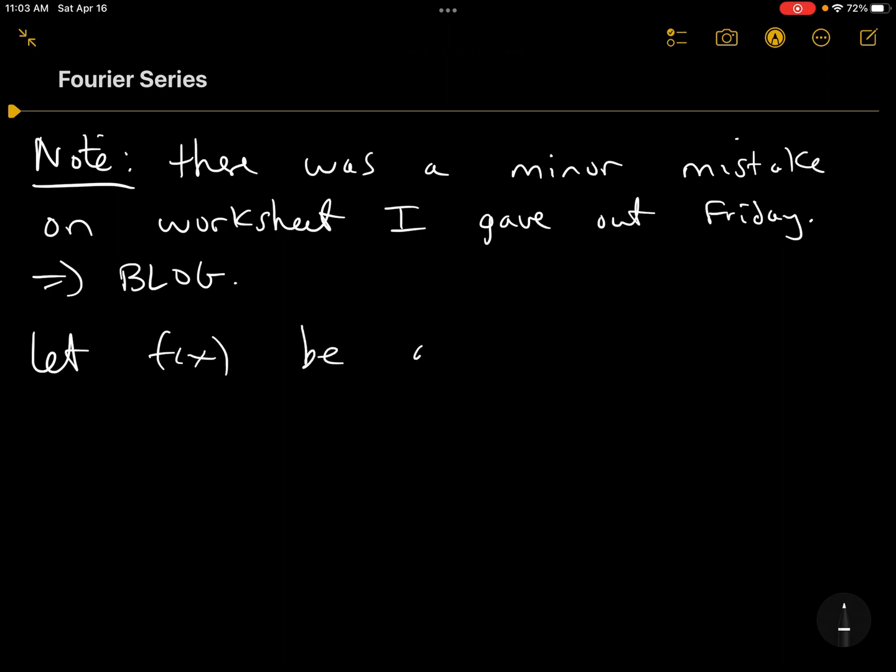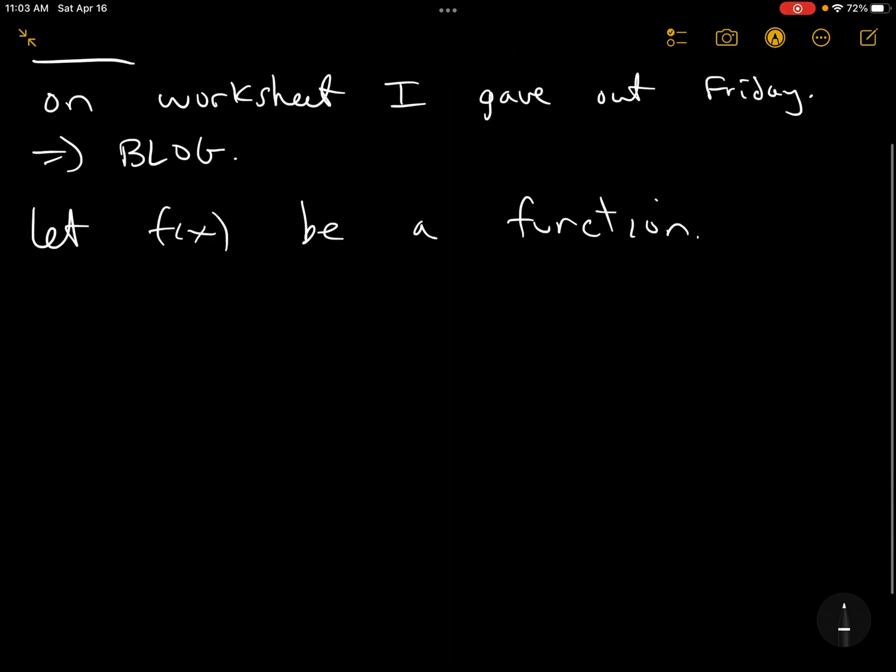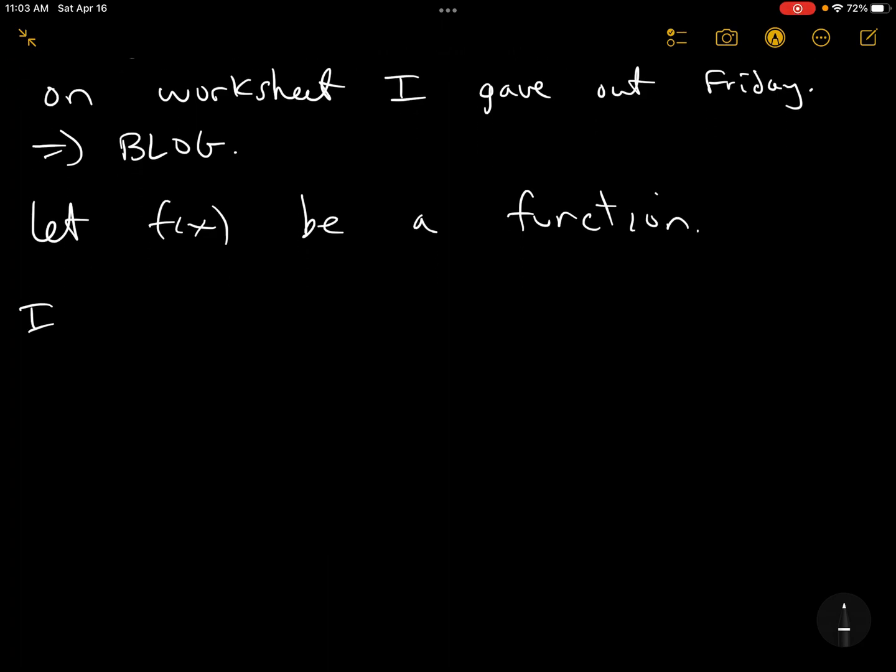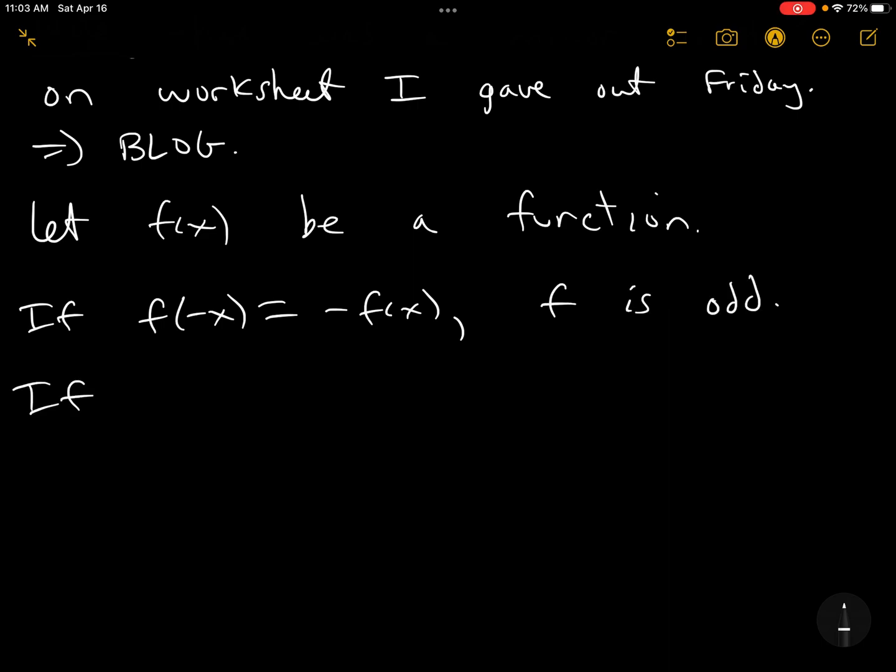Let f of x be a function. First of all, if f of minus x equals minus f of x, then f is odd.